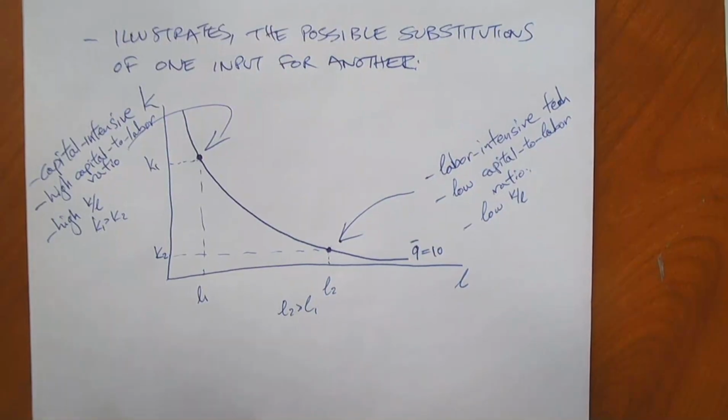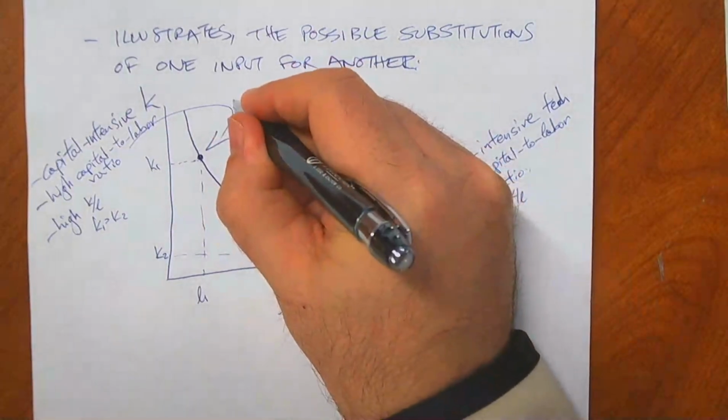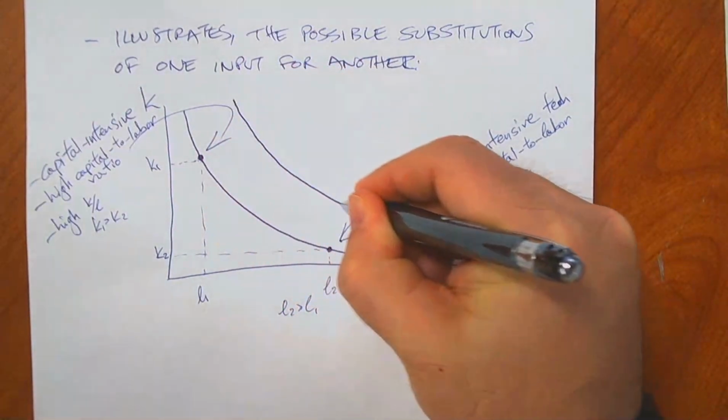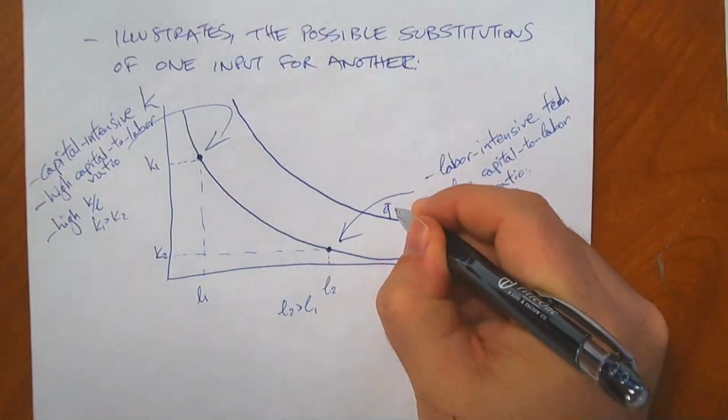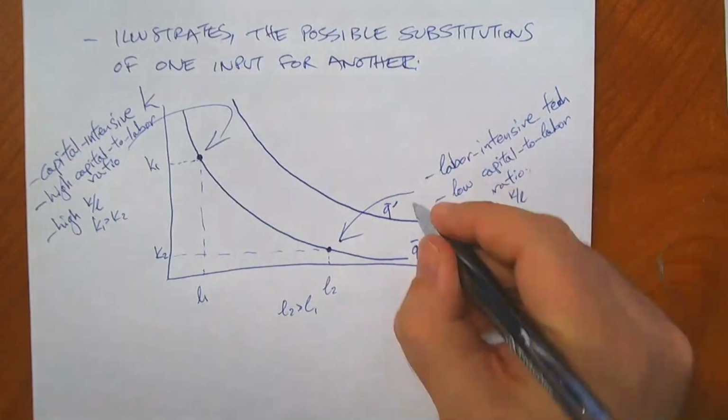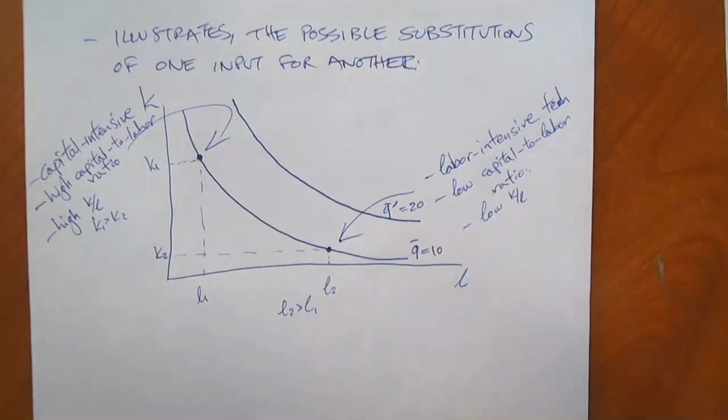So if you wanted to represent a higher production level, then you could plot another isoquant, right? Similar idea here, where a Q bar prime now could be equal to 20 units, and so on and so forth.